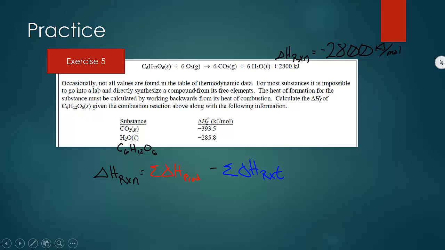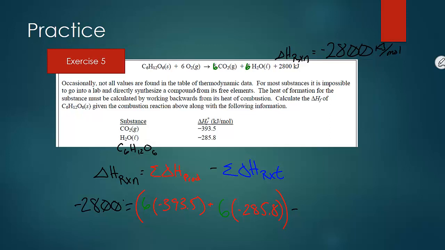A negative 2,800 kilojoules has to equal 6 carbon dioxides, which were a negative 393.5 kilojoules for each mole, plus 6 waters, which were a negative 285.8 kilojoules for each mole. Now, whatever that value is, we subtracted our heat of the reactants.